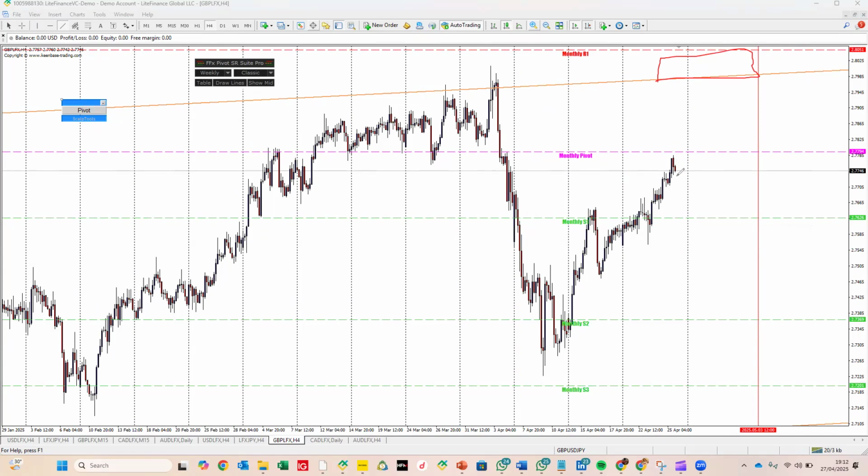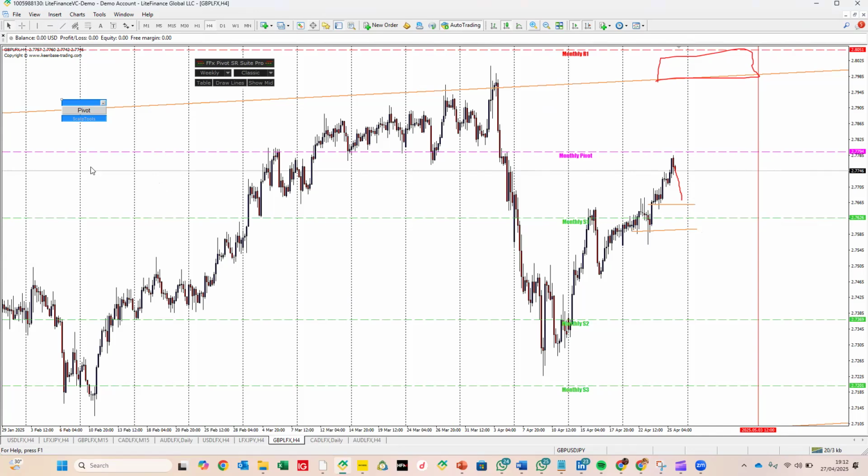So there may be some immediate reaction to price, which is most likely going to be ending somewhere around here at the first level, or if it's very deep, somewhere around here at the second level.